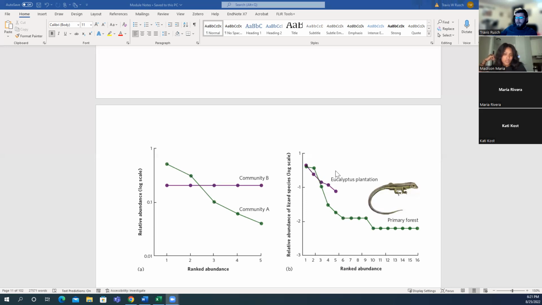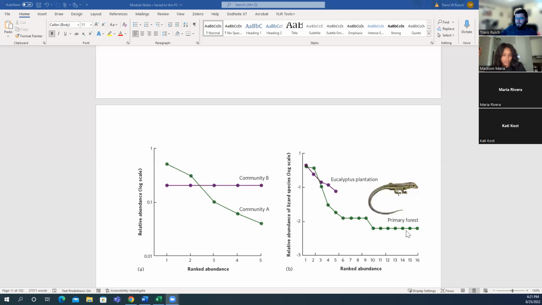And why does it have greater evenness there? Because there's like a consistent amount of species in the primary forest. Yeah, so the relative abundance is in a narrower range, right? So it's in a smaller window compared to the primary forest, which is wider.